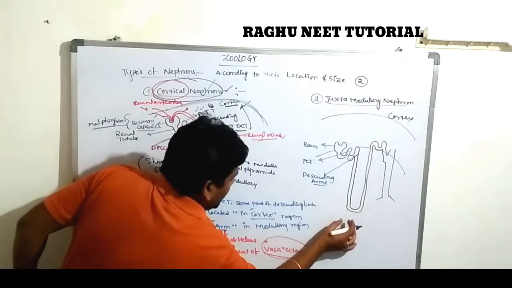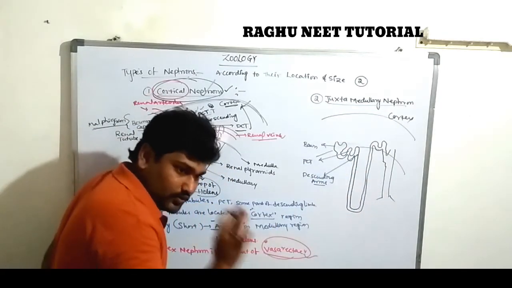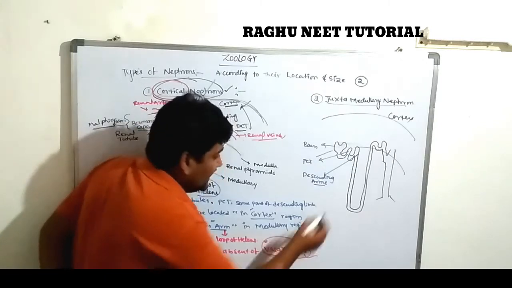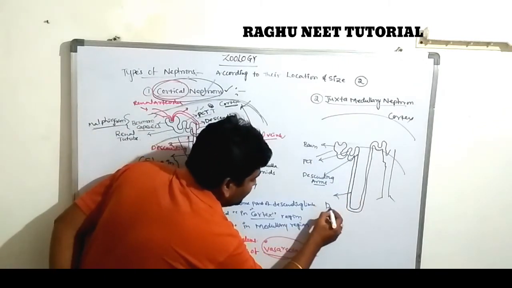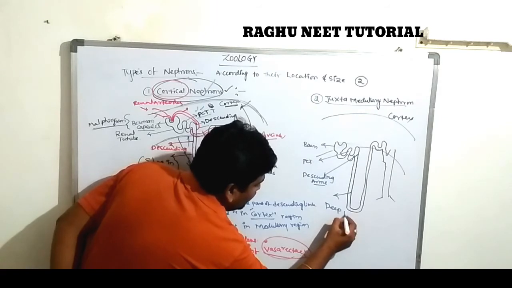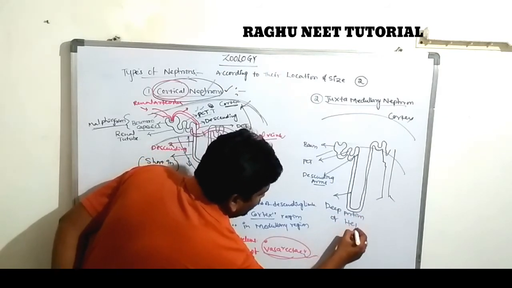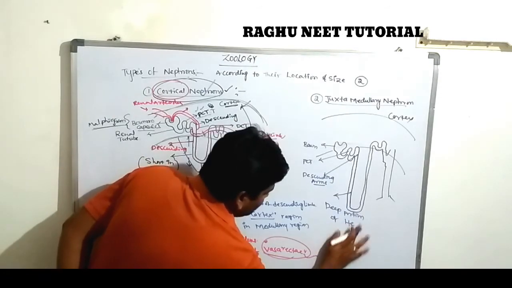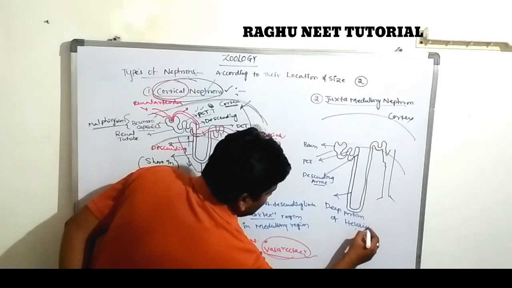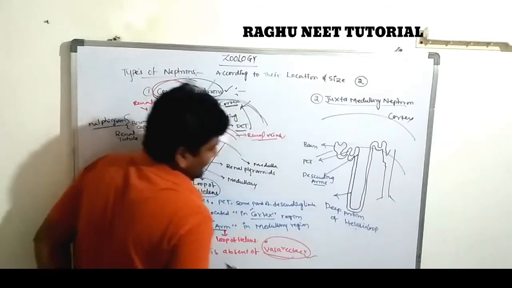It is located in the medullary region, as well as the deeper portion of Henle's loop in the medullary region.